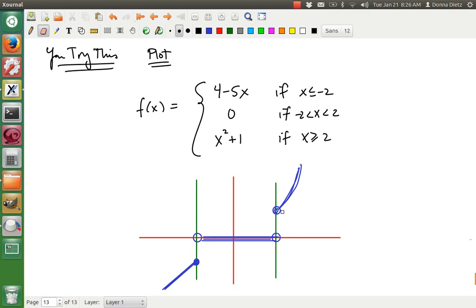What else? The red axes are here, and the -2 and the 2 are the green lines, so x equals -2 and x equals 2. I guess that's all I have to say. Hopefully that's self-explanatory.